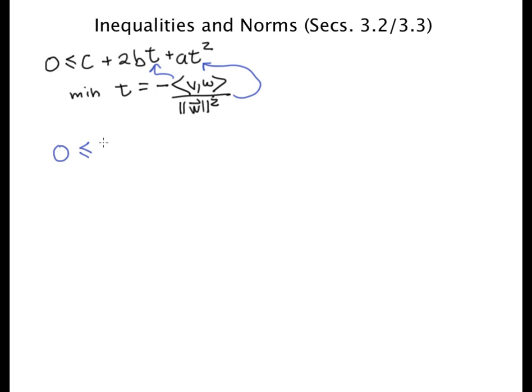0 is less than or equal to c, which was v squared, if you go back to the previous page. And now we're plugging in t here. We're going to get minus 2 VW squared over the length of W squared.